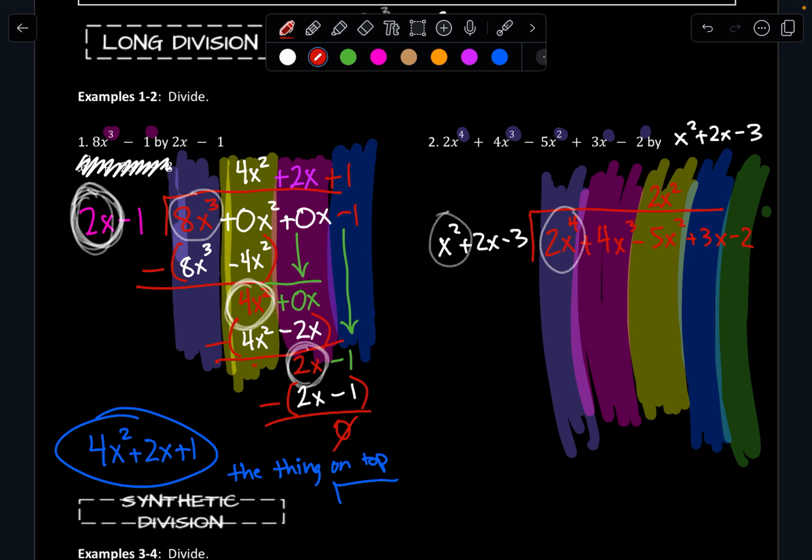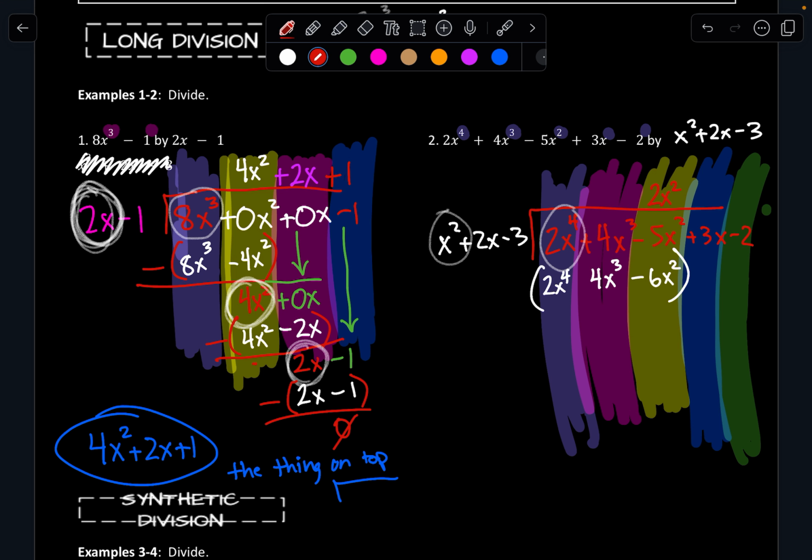So this time, we're going to go this times that, and 3. So 2x squared times x squared is 2x to the 4th. 2x squared times 2x is going to be 4x cubed. And then 2x squared times negative 3 is negative 6x squared.